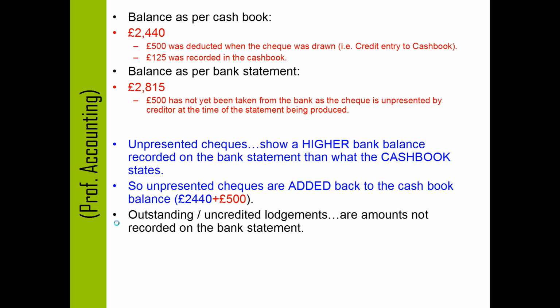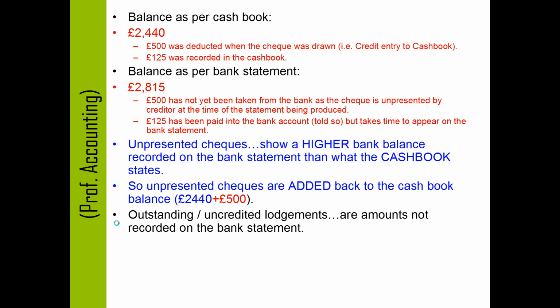However, £125 has been paid into the bank account, so we're told, but it takes time for it to appear on the bank statement. So there's that timing difference, isn't there? So we must remove the 125 from the cash book balance.